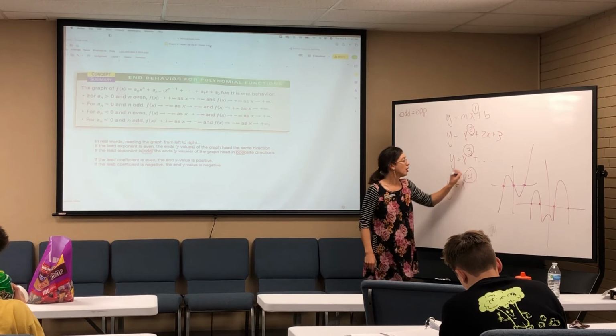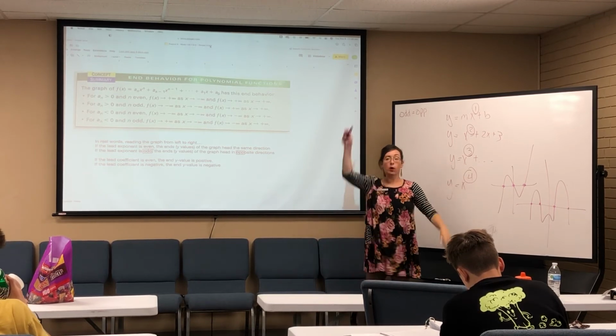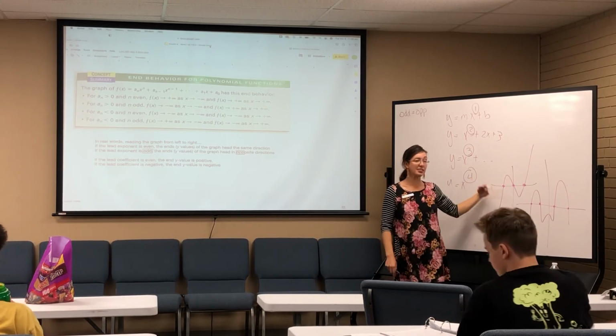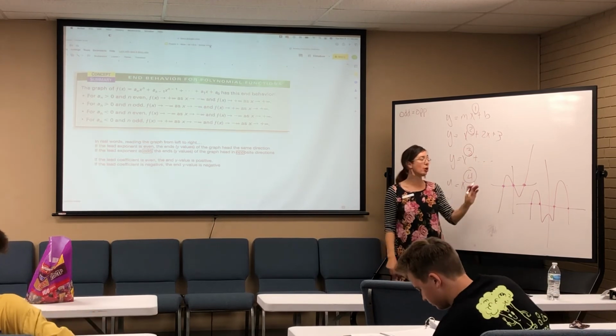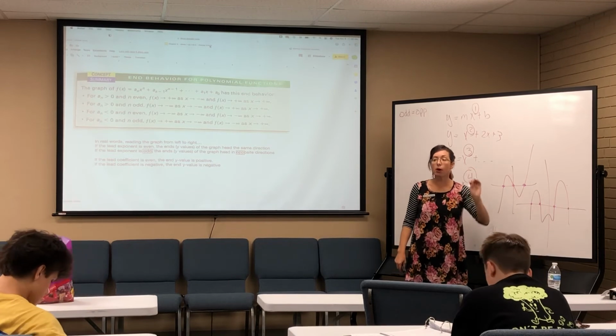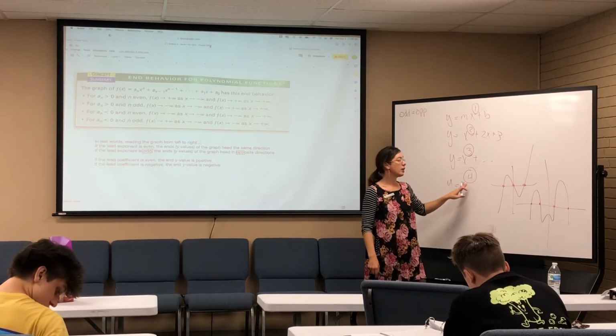Okay? So our exponent not only tells us what our end behavior is doing, it also gives us that extra clue of at most. It doesn't mean it will. It just means the most amount of solutions that it could have would be 4.